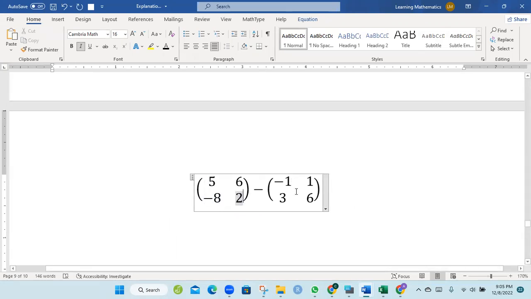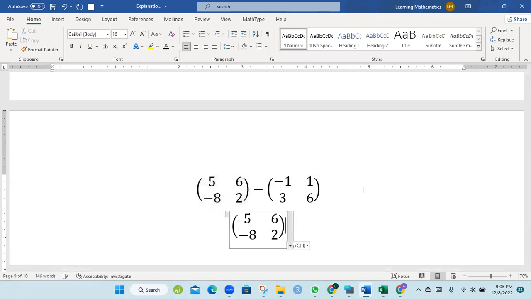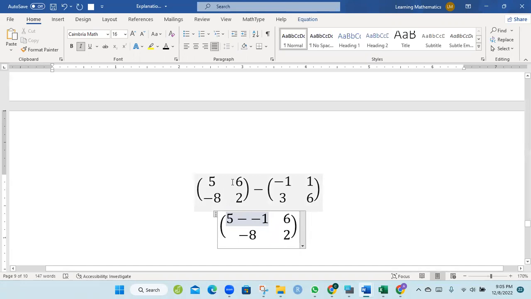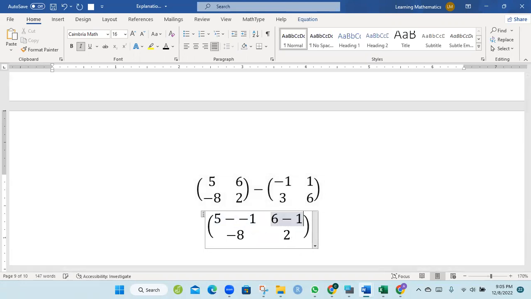So now we can subtract corresponding elements. So 5 subtract a -1. 6 subtract 1. -8 subtract 3. And 2 subtract 6.